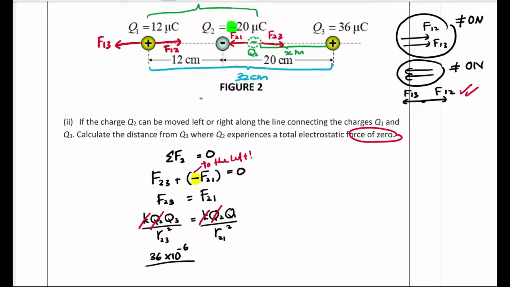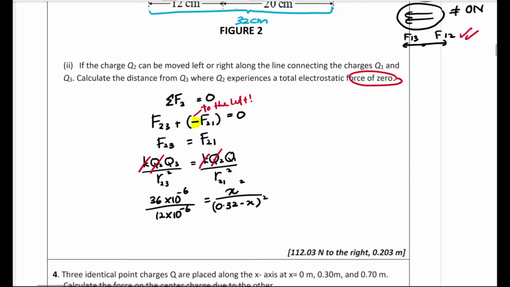Okay. Q1 saya nak buat turun bawah lah. 12 micro. R23, jarak antara charge 2 and charge 3 is X. Okay, saya buat naik atas. R21 is 0.32 minus X. Squared jangan lupa. Okay. So, this one you can cancel.